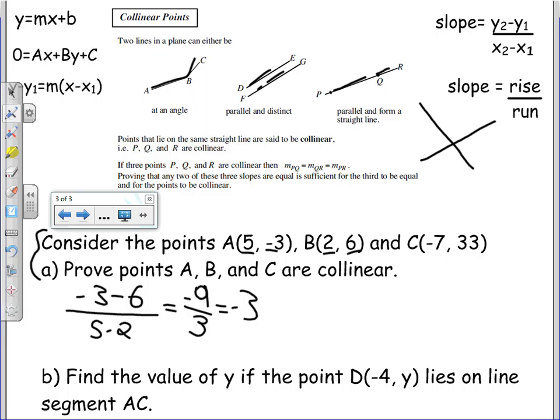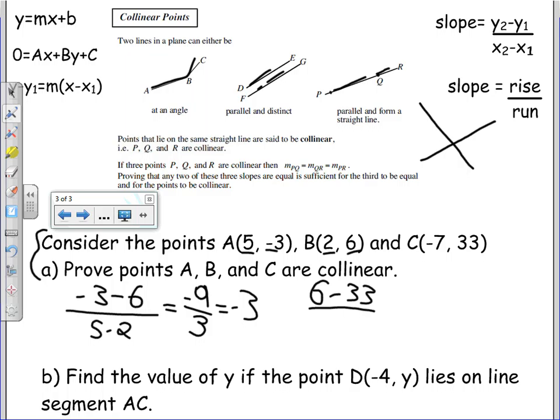What's the slope from B to C? You got 2 minus -7, and you've got 6 minus 33. On the top, you should have the y's. That would have been run over rise, which is no good, right? So let's try again. 6 minus 33 on the top.